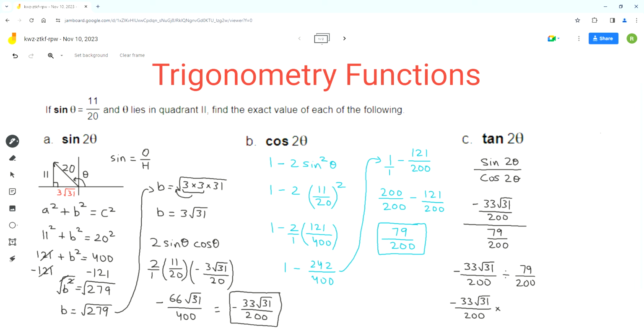Times, so we get 200 over 79. Now we can cancel out the 200s. So we are able to cross reduce the 200s. So now our final answer will be, so we get negative 33 square root of 31 over 79. This should be the final answer for value of tan 2 theta.